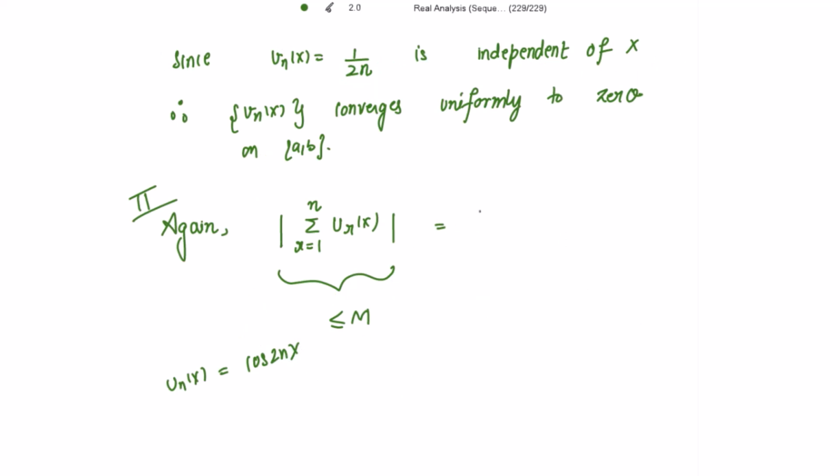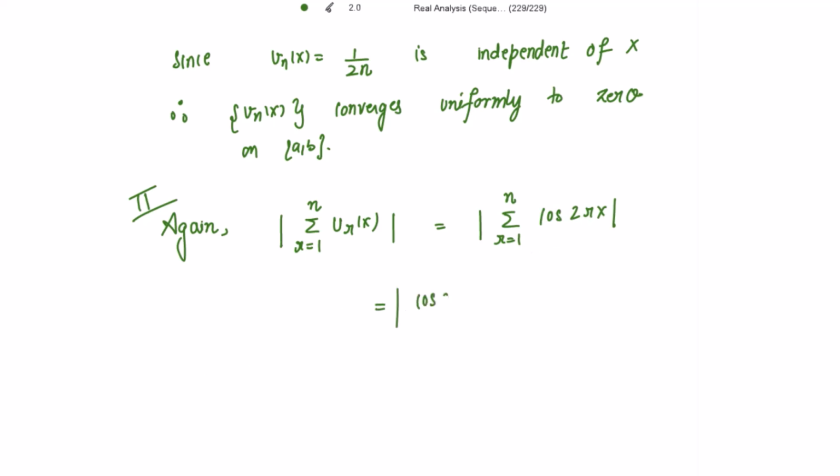So the summation, r from 1 to n, of urx is cos of 2rx. When we open the summation, for r equal to 1 we get cos of 2x, plus for r equal to 2 we get cos of 4x, and so on up to cos of 2nx, mod.